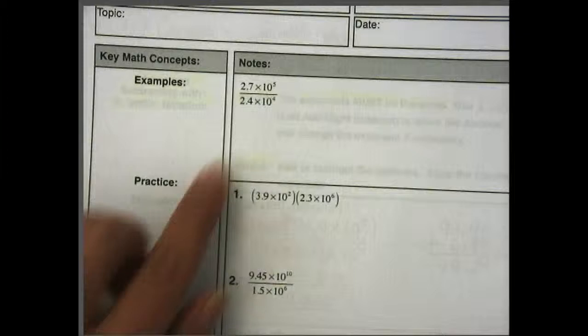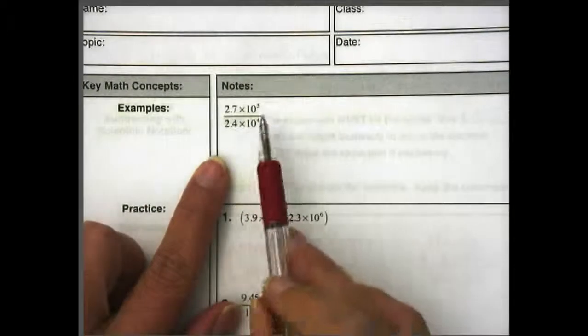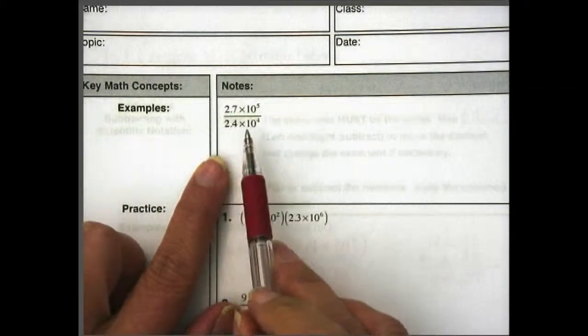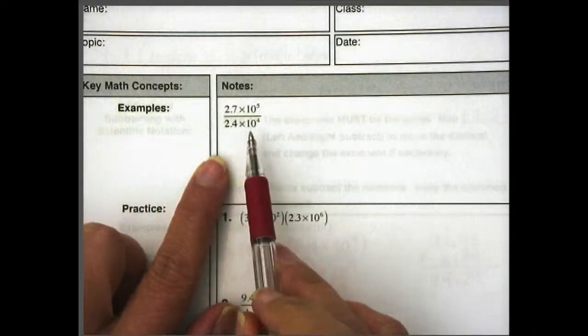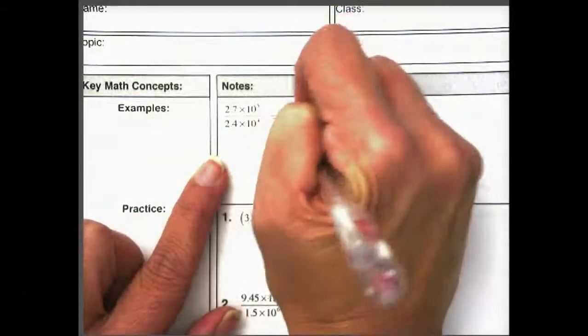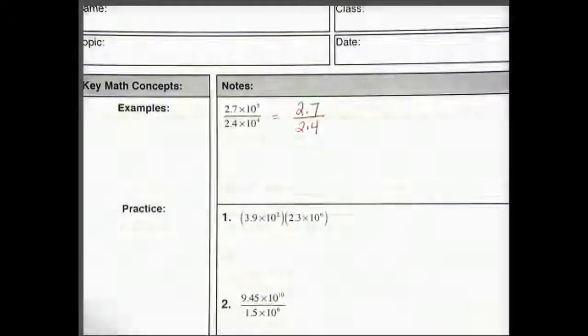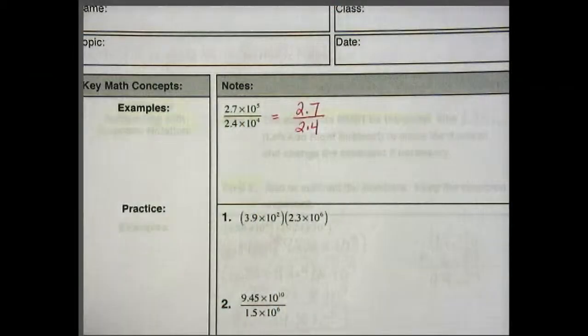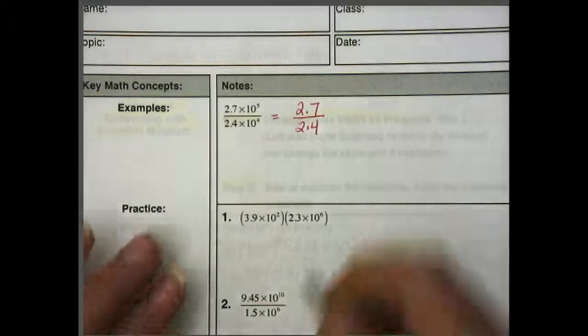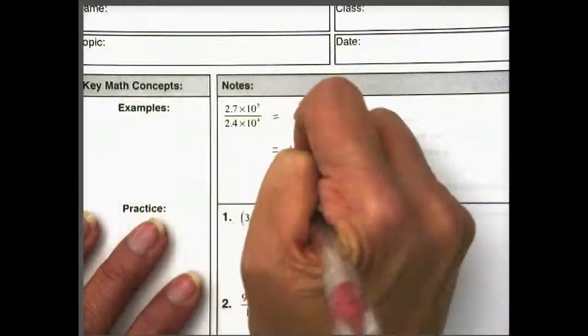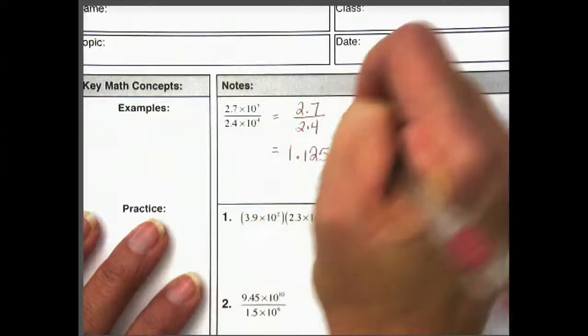This time our example is a division problem. And on that division problem, we have 2.7 times 10 to the 5th divided by 2.4 times 10 to the 4th. In order to do the work on this one, we're going to divide 2.7 by 2.4. On these, I will allow you to use the calculator. It's just going to make your work a little bit faster. So 2.7 divided by 2.4 is going to be 1.125.